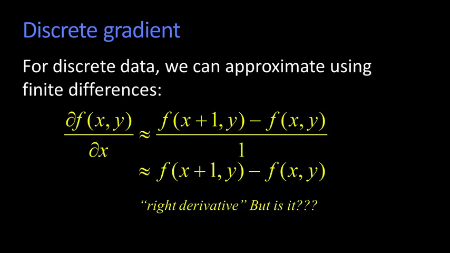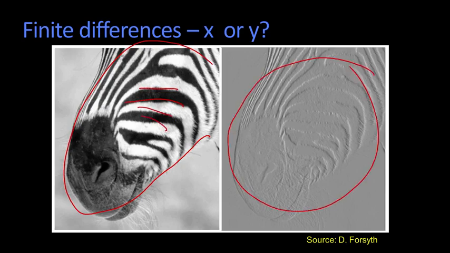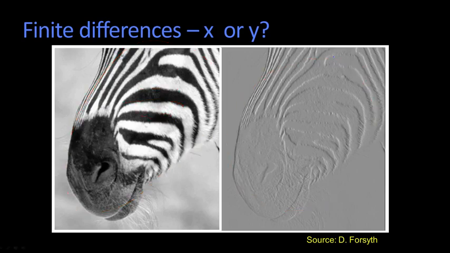In order to talk about the right way to think about these derivatives, let's take a look at our finite differences a little bit more. Here we have a picture of the striped duck that David Forsyth puts in his book very often. And you can see here, it's a zebra, a picture of the zebra, which has all these stripes on it. And over here we have one of those finite difference images. First question, is this the finite difference in x or in y? Well, let's take a look.